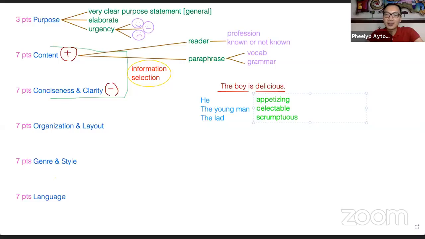Scrumptious. Ano pa? Delicious. Tastes good. Luscious. Yummy. Tasty. You know, yeah. So etc. So if you know that mouth watering, lagay natin.